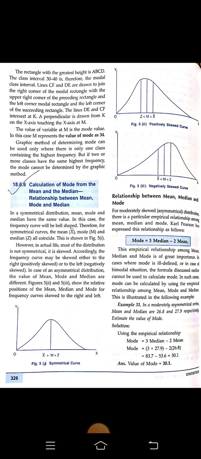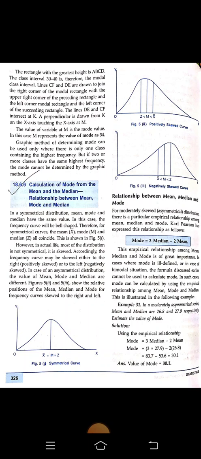For a moderately skewed distribution, there is a particular empirical relationship among mean, median and mode. Karl Pearson has expressed this relationship as follows: mode is equal to 3 median minus 2 mean.